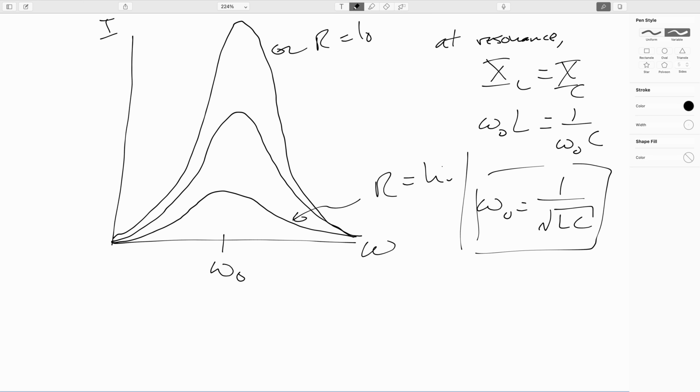So if you drive the circuit at the frequency it naturally wants to oscillate at, that is where you're going to have the most current going through the circuit for a given applied EMF.